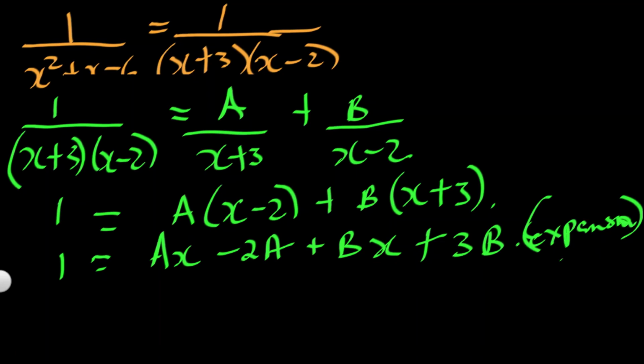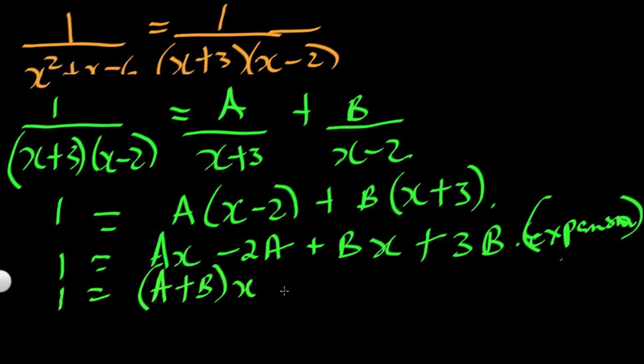Then from expansion, group the like terms. If we group the like terms, I'm going to take everything with x, the coefficient of x, together. So this will be a plus b x. So a plus b is the coefficient of x.